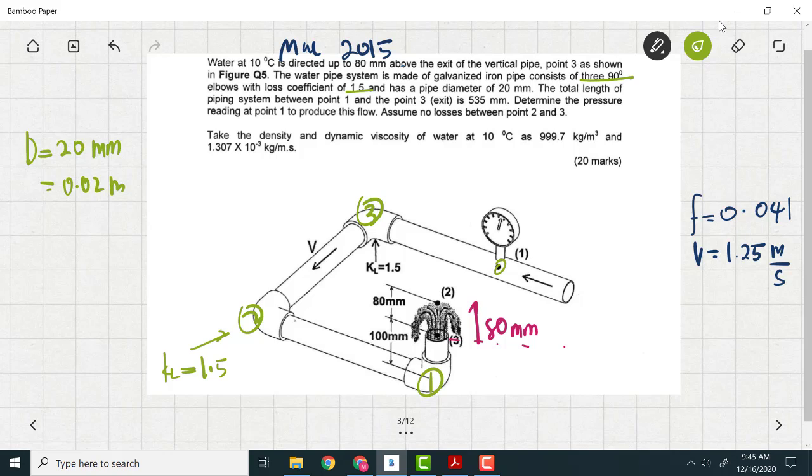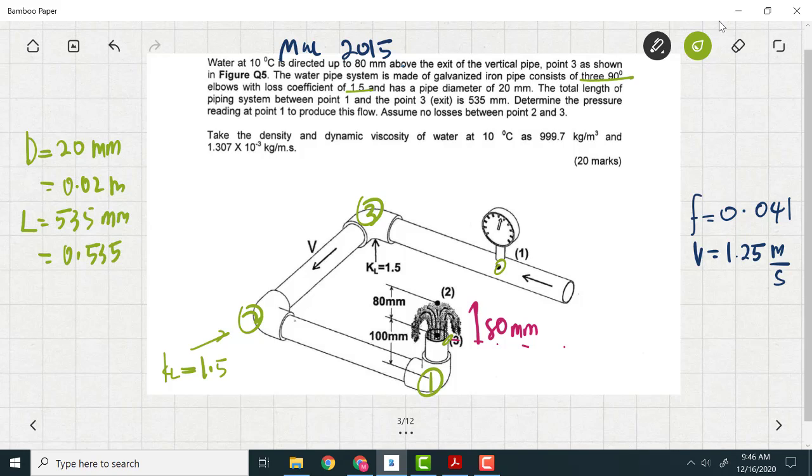Sebab kita nak selesaikan daripada sini ke ketiga ni adalah 535. Okay, so L dia adalah 535 mm tukar kepada meter, 0.535 meter. Okay.